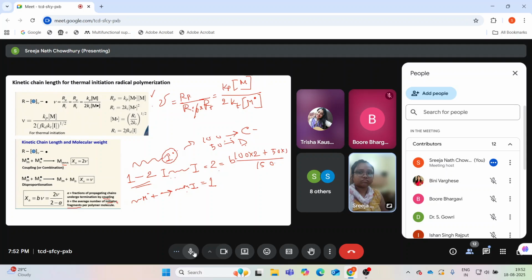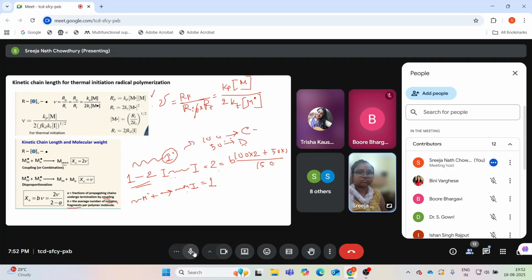So after 2 hours, the initiator molecules will react with the monomer molecules, but they will not give you that high molecular weight or that high chain length, because they cannot find enough monomer molecules. So at the end, when new polymer molecules are formed, you will get a lesser value of chain length.